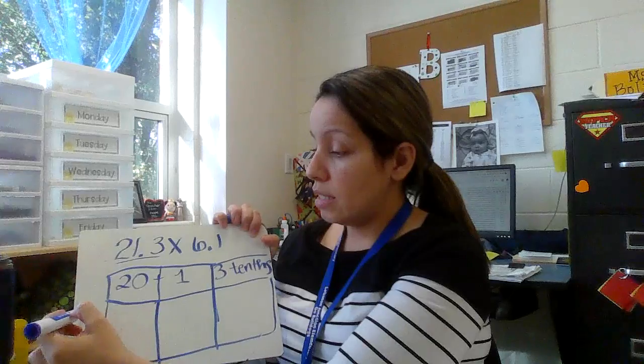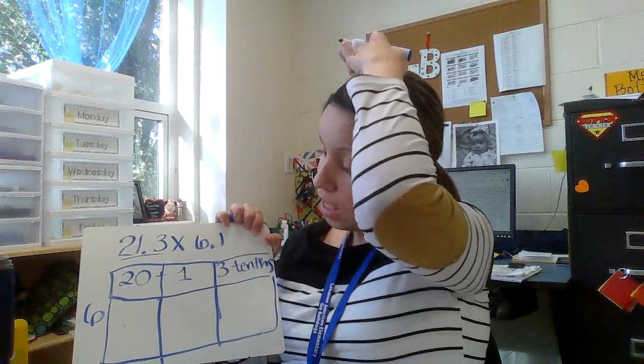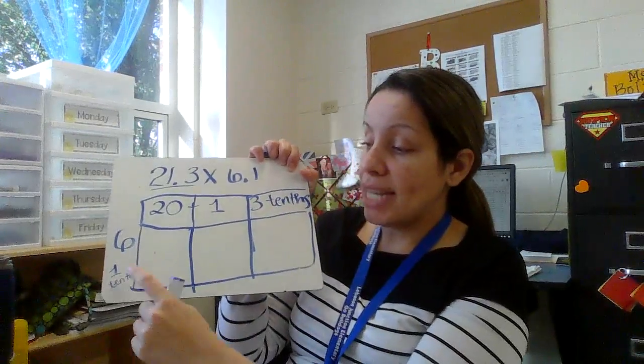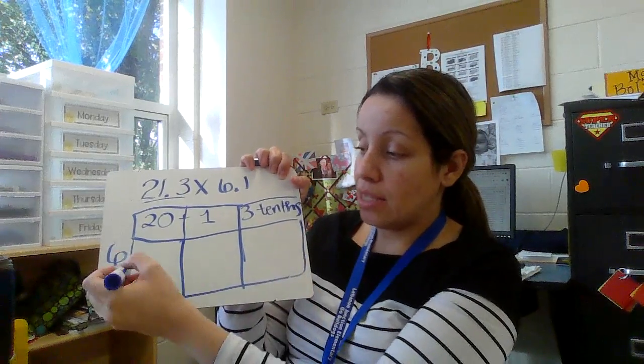Then I'm going to multiply by, I'm going to create this, 6 and 1/10. And that way, every time I multiply by my tenth, I know that I'm adding tenths, okay?